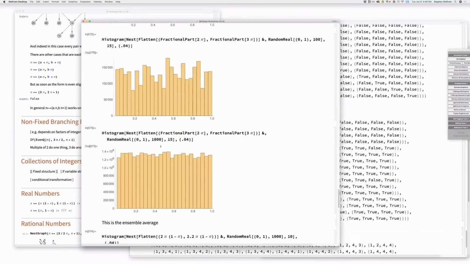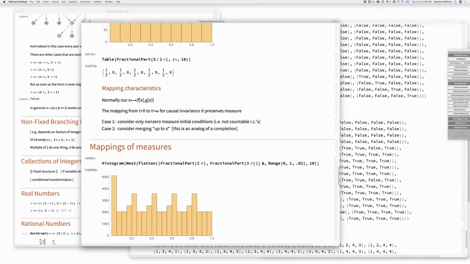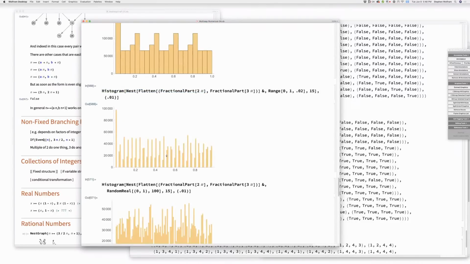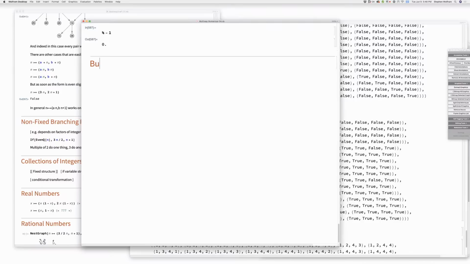But the question here is now, if we were to combine things when they are machine epsilon apart, how will that work? So we're taking something like this, and this is the bucketing case, epsilon bucketing, so to speak.